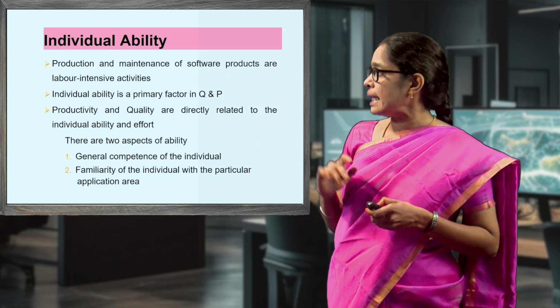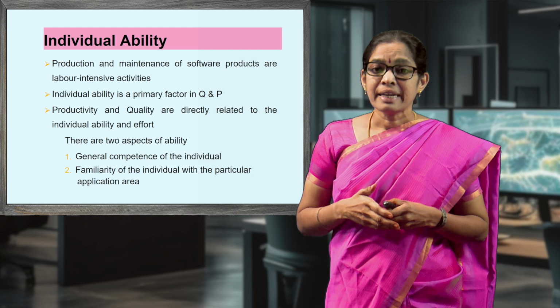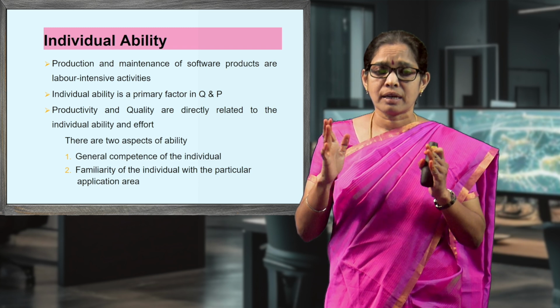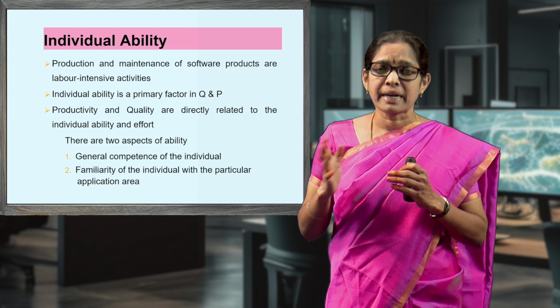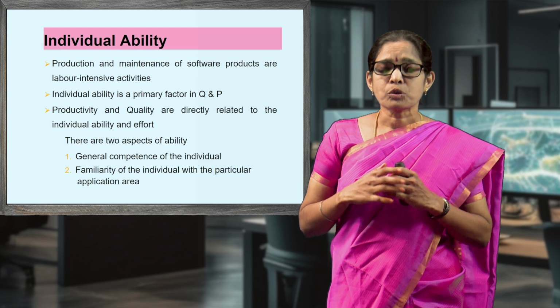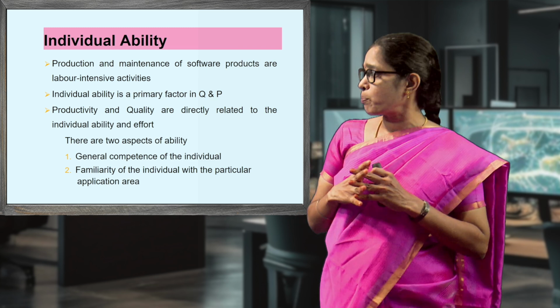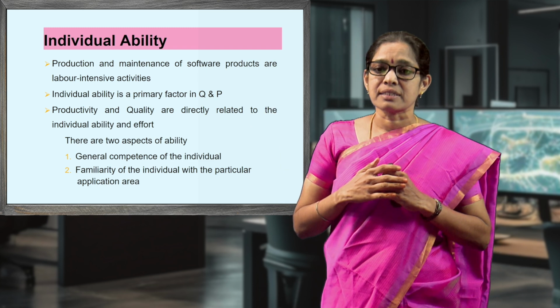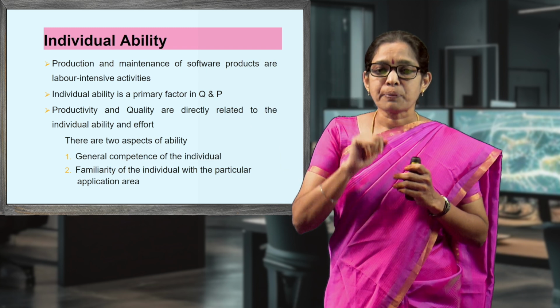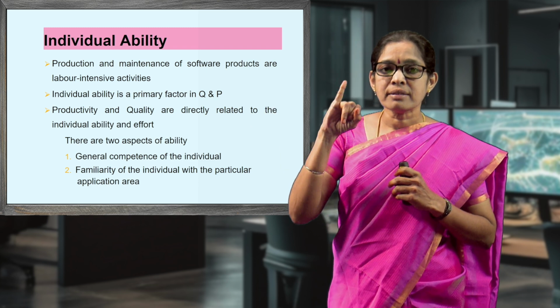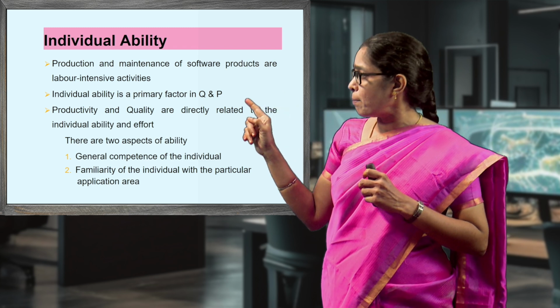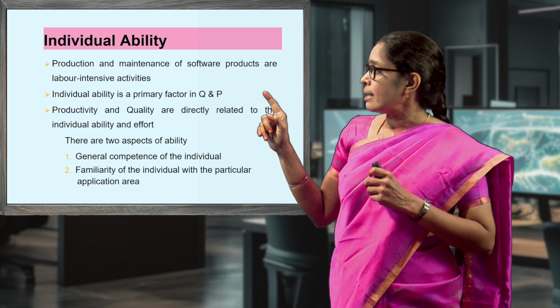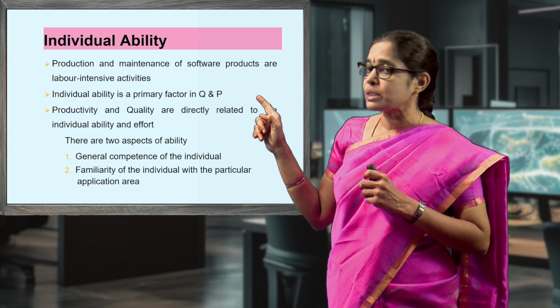The first one is individual ability. It is a prime factor in quality and productivity of software. Production and maintenance of software products are mainly labor intensive activities. So there are two aspects of ability. One is general competence of the individual.